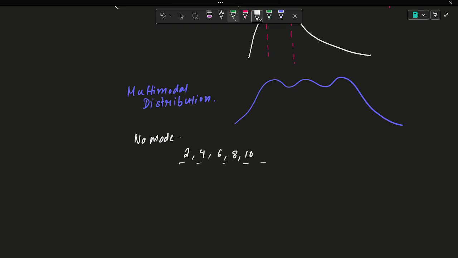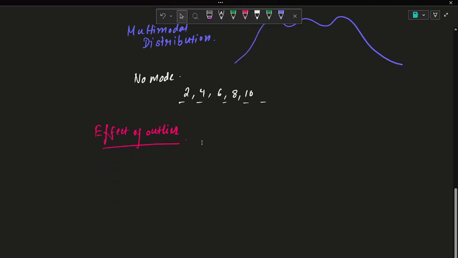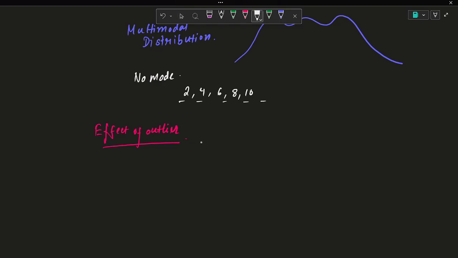Okay, now coming to the next portion, which is the effect of outliers. What is the effect of outliers? If I have some outliers in our data, what will be the effect of the presence of this outlier? So the biggest advantage lies here for the mode.